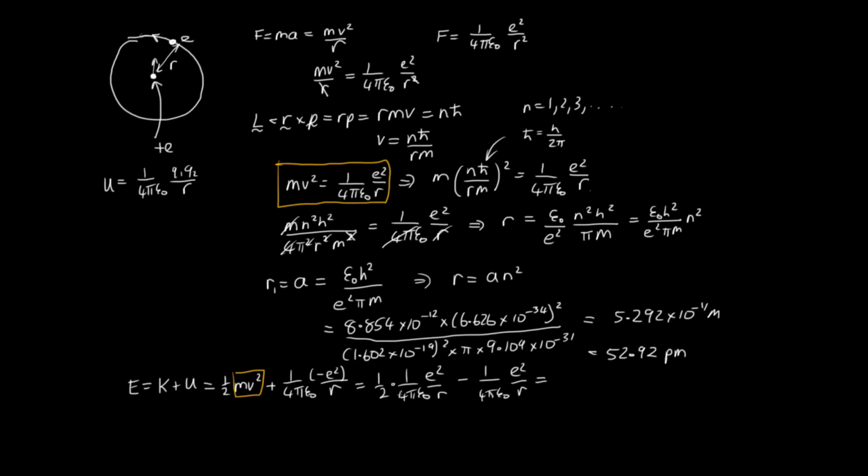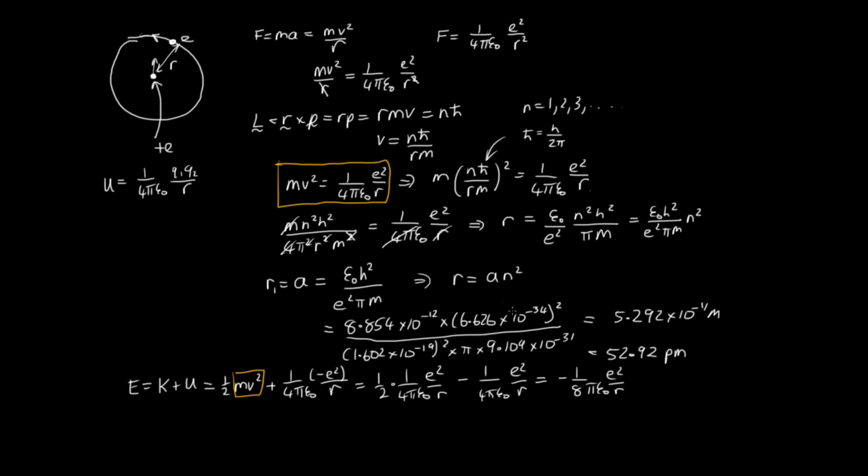So we've basically got an eighth 1 over pi epsilon naught e squared on r minus a quarter 1 over pi epsilon naught e squared on r. So this gives us minus an eighth 1 over pi epsilon naught e squared on r.